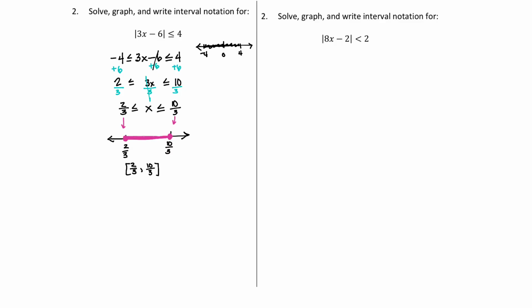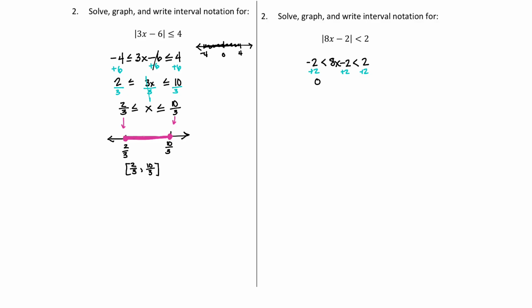All right, so drop the absolute values, and that goes in the middle. Less than 2 goes on the right. You put another less than symbol on the left, and you change the sign on the 2, that is. Okay, so now we're going to add 2 to all three.